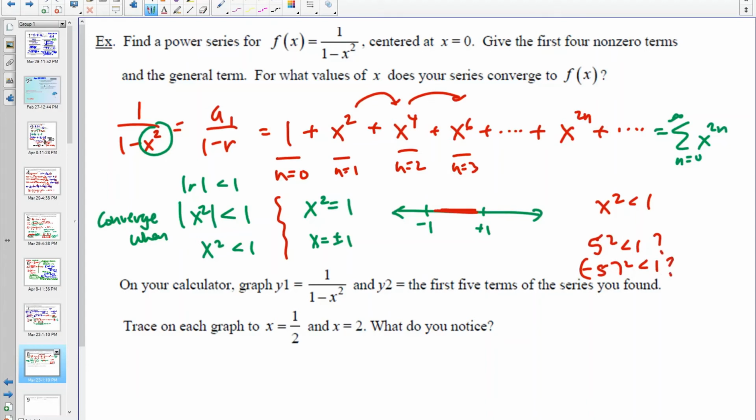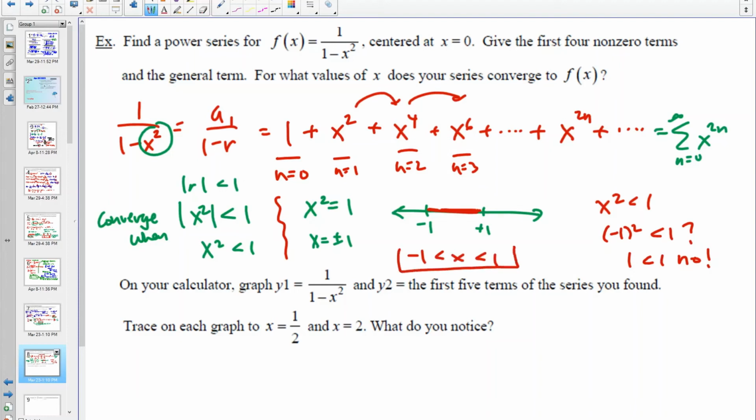No, that's not true. So this is all I have. This is my answer. If I plug in negative 1, would negative 1 squared be less than 1? No. 1 is not less than 1. So the answer here, your interval of convergence, would be x is between negative 1 and 1.